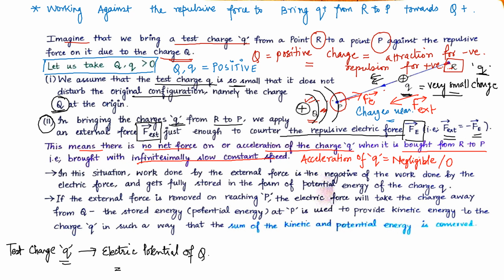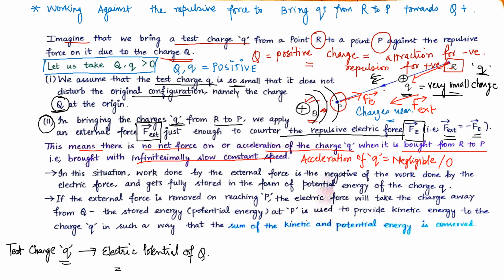Because we are bringing the charge from R to P with a very slow speed. There is no acceleration at all. If acceleration is increasing, we need to increase the external force also. We cannot increase the external force; we have only limited resources, we can think of it in this way. Hence we aim at bringing the small q very slowly from R to P, so that there is no acceleration.